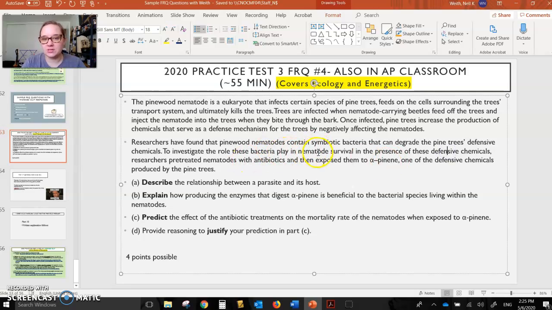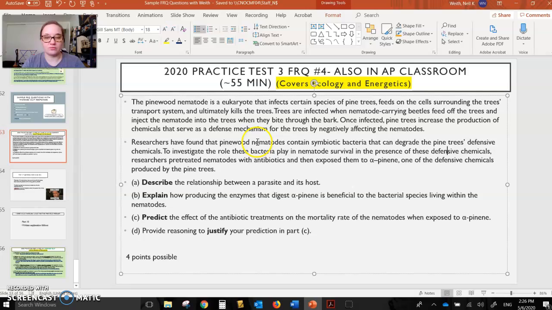So to investigate this role, researchers are treating these worms with antibiotics. Like that second step up, they've taken the antibiotics, which kills the bacteria, brings those worms down a peg, and they're seeing what it's doing in the presence of these defensive chemicals by the trees.